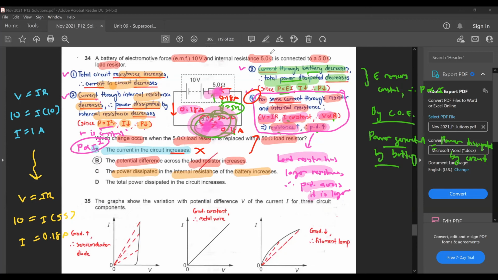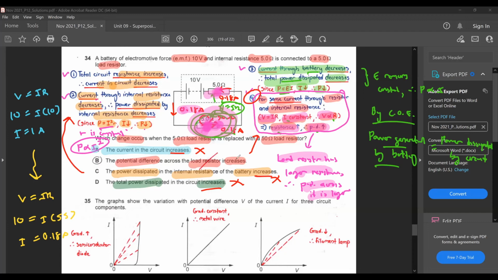It should actually decrease, because we already showed it here. Power dissipated by the internal resistance is P equals I squared R. If I drops, power will drop. And then the last one says total power dissipated in the circuit increases. This one again is wrong.